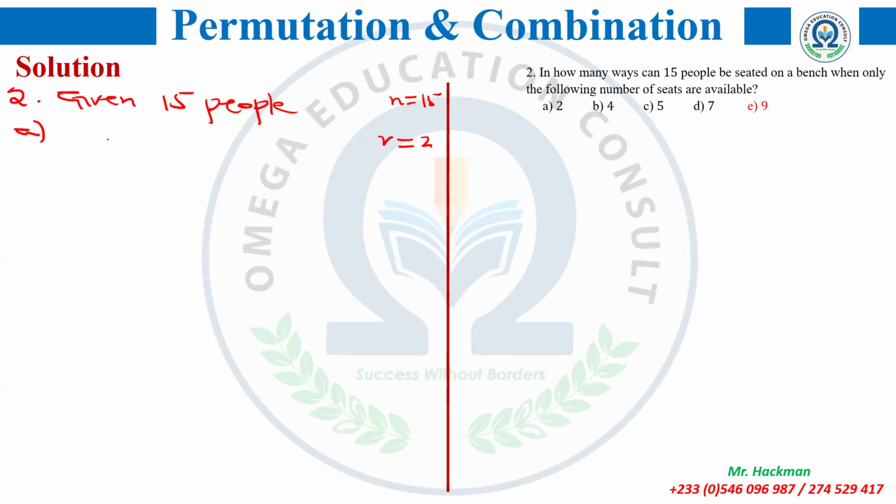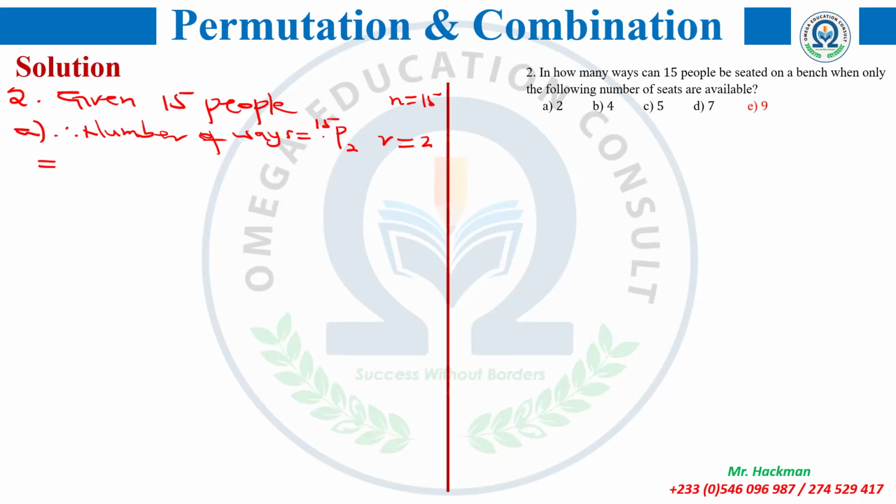Yes. So that will give us, therefore, the number of ways will be equal to 15 permutation 2. So this will be equal to, it's going to give us a huge number.